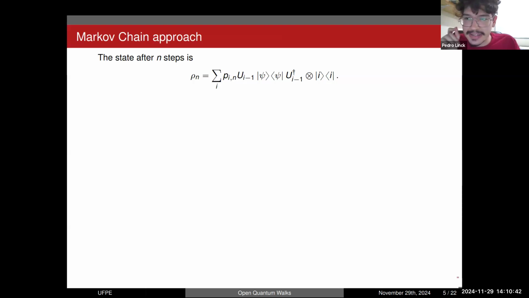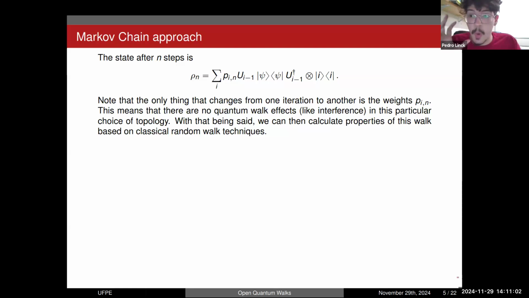So the only thing that changes when you go from step 4 to step 5 is the probability. The state of the walker does not change. So the entire evolution is dictated by these probabilities, and there is no quantum interference, there are no quantum walk effects, let's say. It's basically a classical random walk, okay?